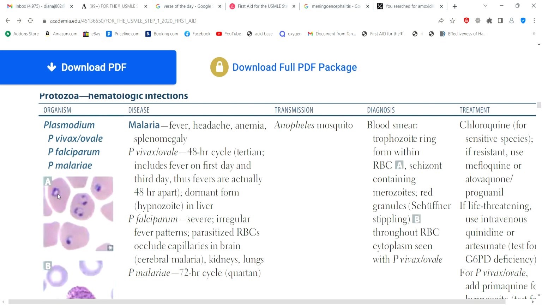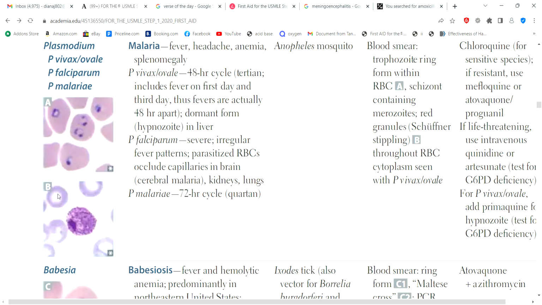Schizont containing merozoites. That's B. So this entire thing is an RBC, and the red granules seen in it are from P. vivax and ovale.